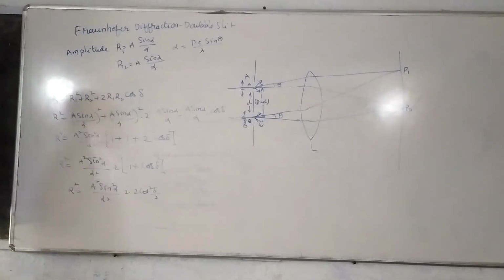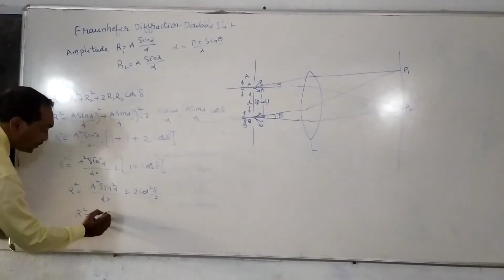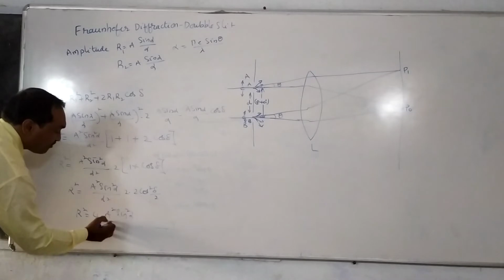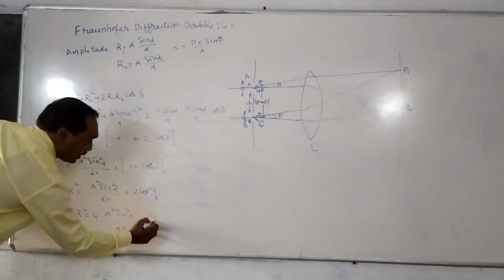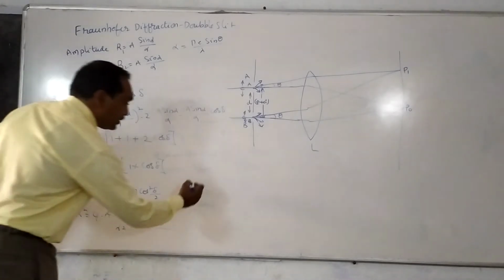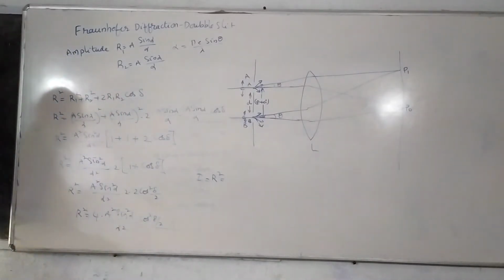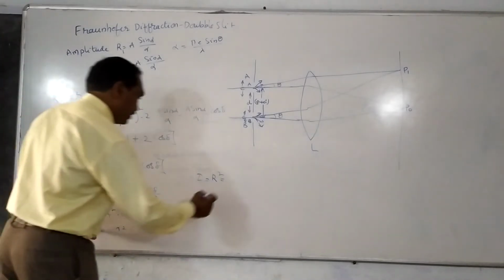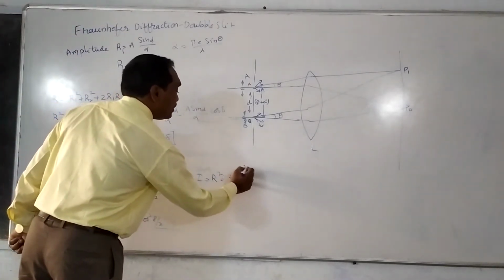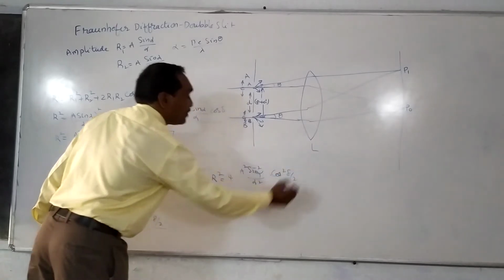Of course, 2 into 2 is 4, so R square is equal to 4 A square sin square alpha by alpha square into cos square delta by 2. Right? That is the square of the resultant amplitude. Then what is intensity? We know intensity I is equal to R square, that is equal to 4 A square sin square alpha by alpha square into cos square delta by 2.